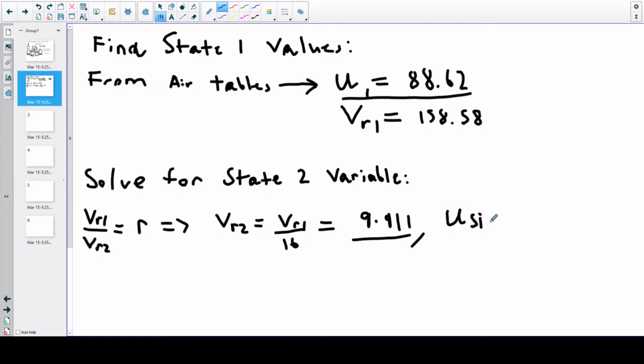From this value, you are now going to go back into table A22E and solve for H2. These problems always confuse me. Instead of U's and H's, it's not like the Otto cycle where you just use U's.